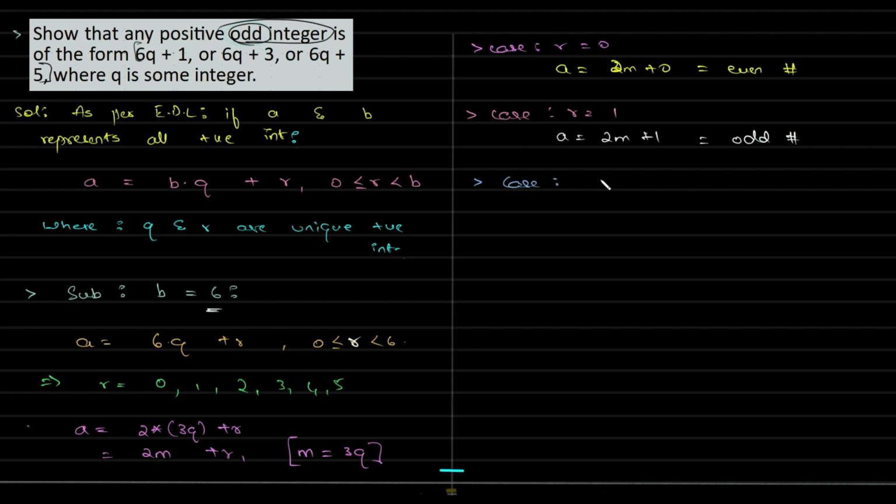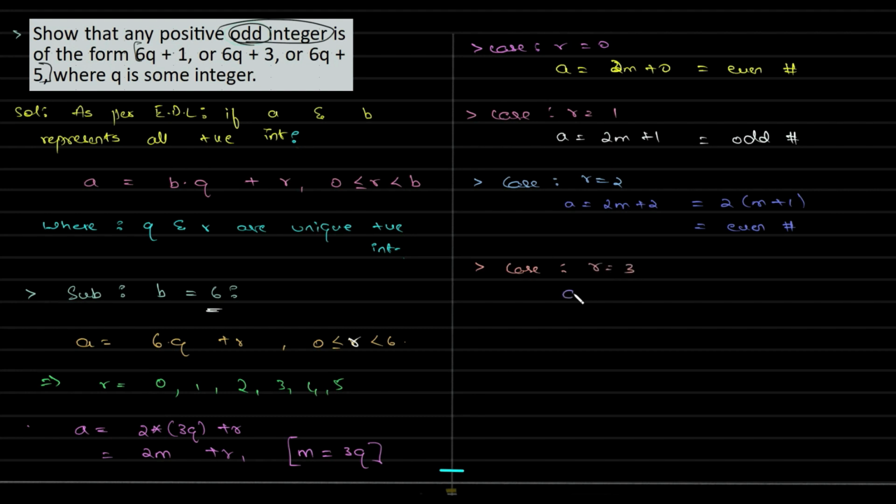Case when the remainder is 2, we have A is equal to 2M plus 2. 2 is common. You have M plus 1, which is nothing but an even number, right? Then we have the case where R is equal to 3.